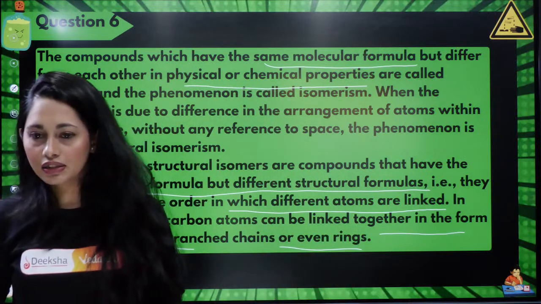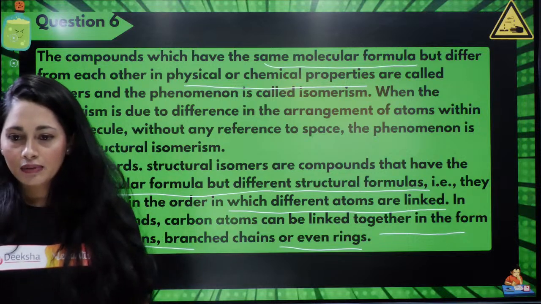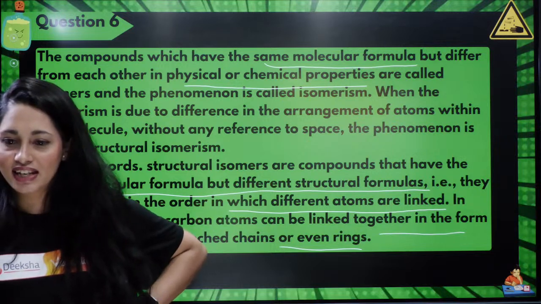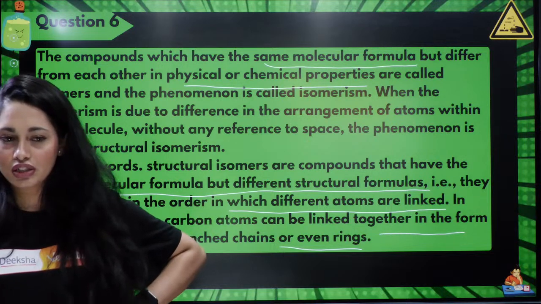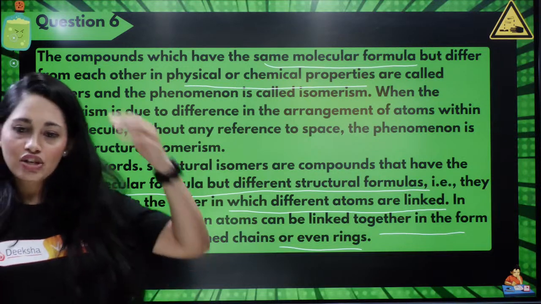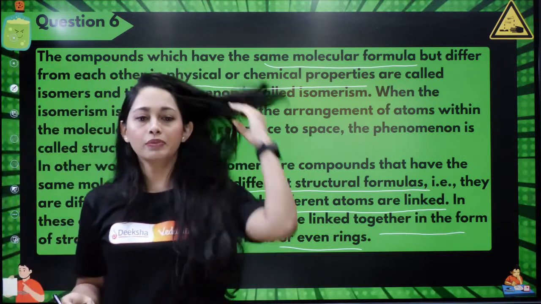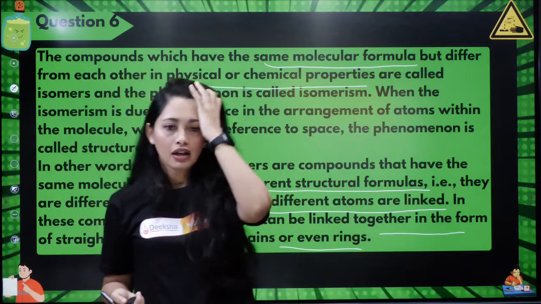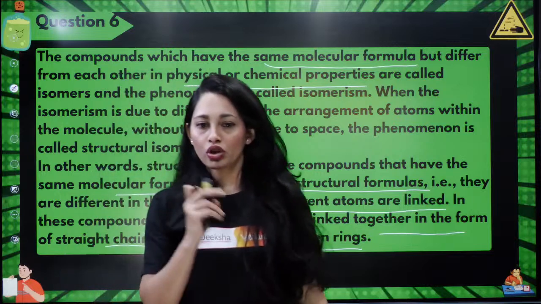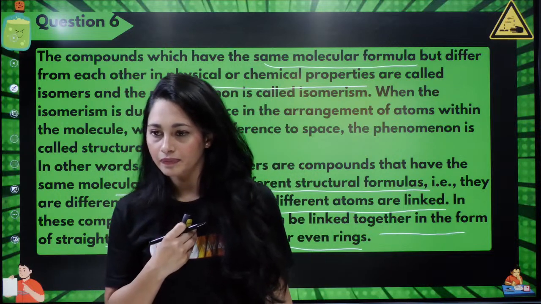Bookhead is asking another question. KMnO4 acts as a reducing agent, oxidizing agent, catalyst, or dehydrating agent? KMnO4 acts as an oxidizing agent. Potassium permanganate and potassium dichromate are both good oxidizing agents. H2SO4 is the dehydrating agent.